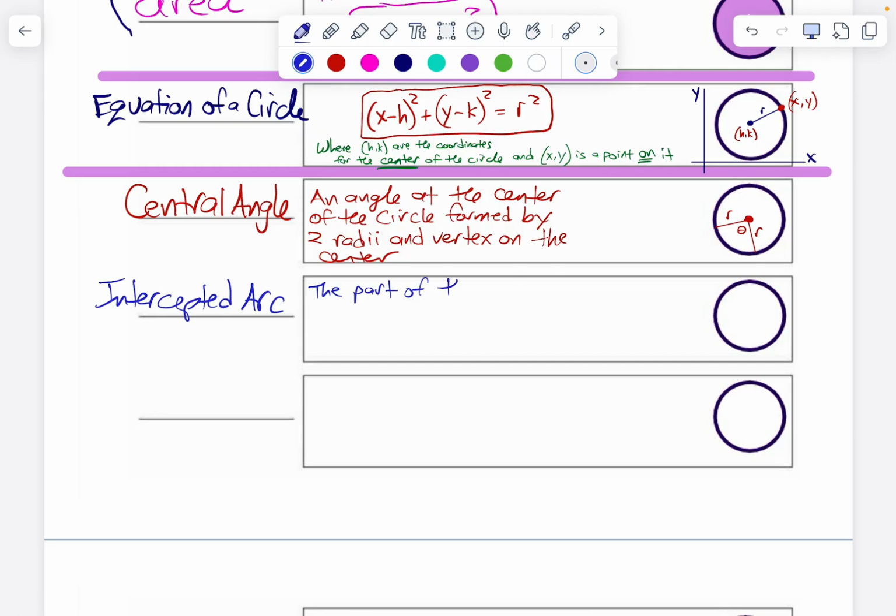So this is the part of the edge of the circle between 2 segments or lines that intersect the circle.